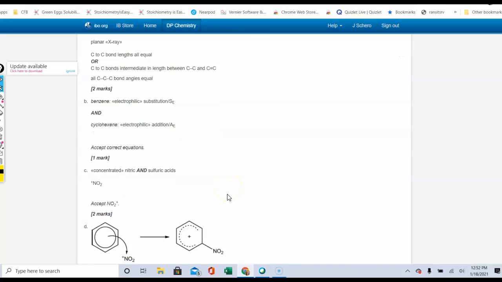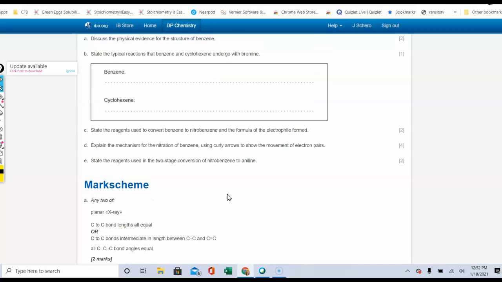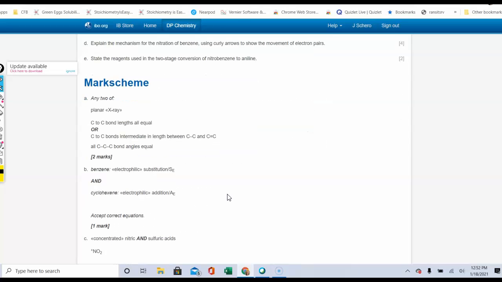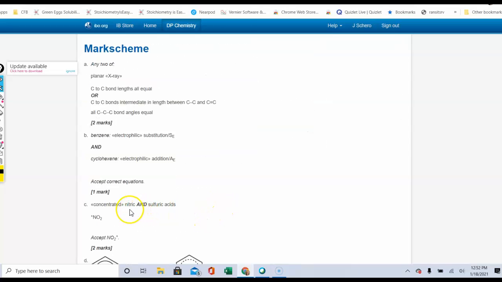Then the next question is, state the reagents used to convert benzene to nitrobenzene. That is the first step that we talked about. The reagents needed were nitric and sulfuric acid. IB says concentrated, but we did not see that in our notes, so it is just fine if you write nitric and sulfuric acids.